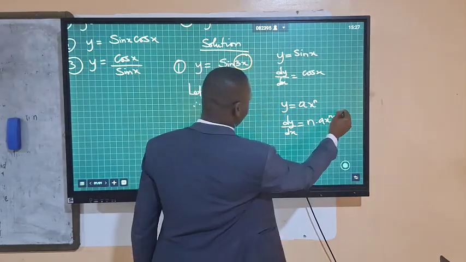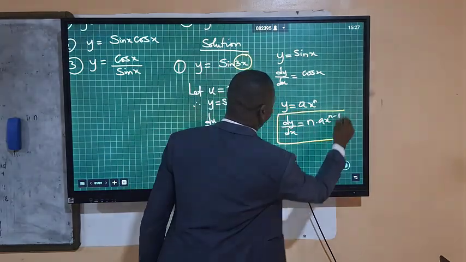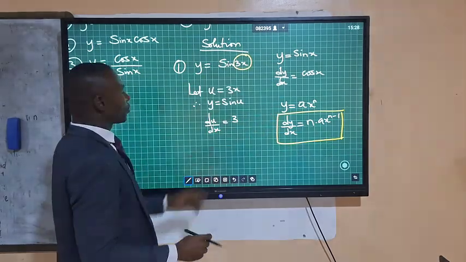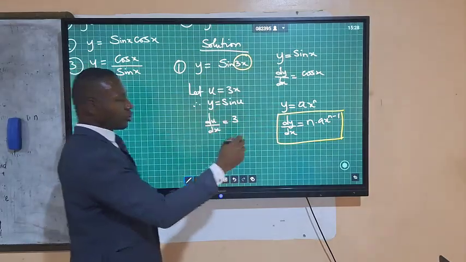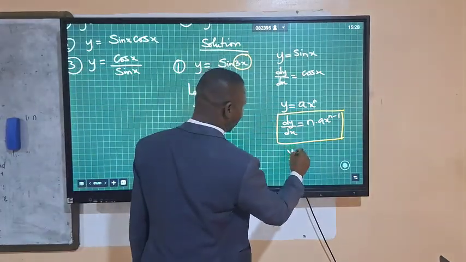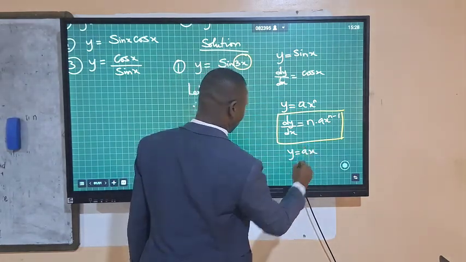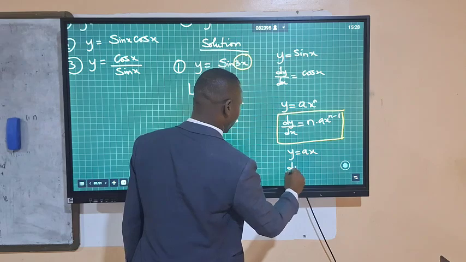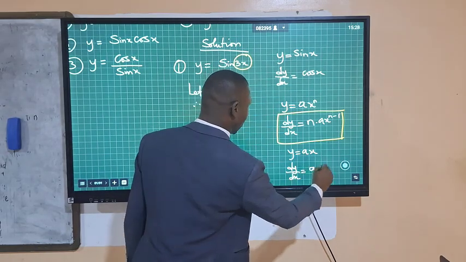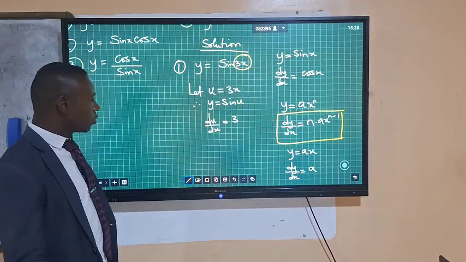So that's the formula. Okay? Now, in general, anytime you have, let's say, y is equal to ax, dy over dx is just a. No troubles.